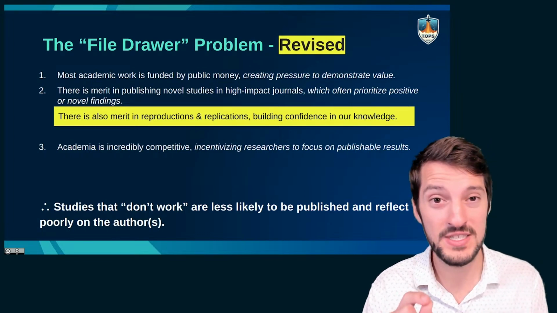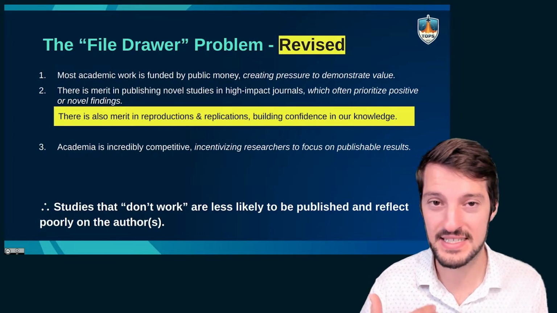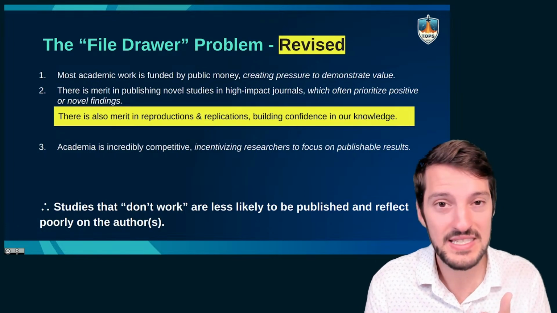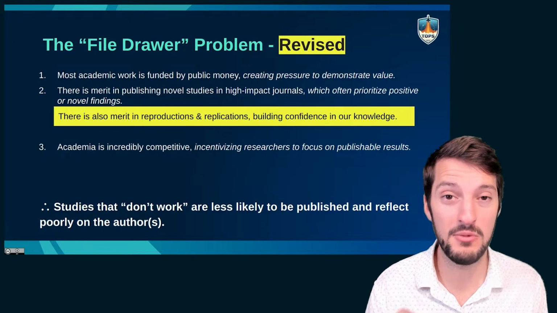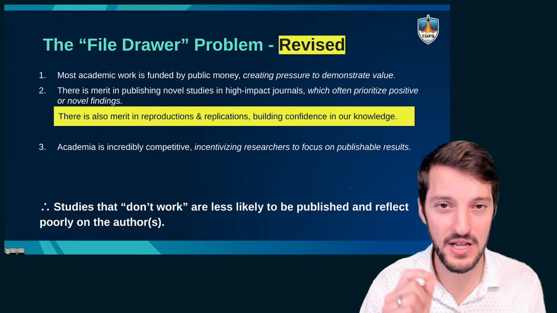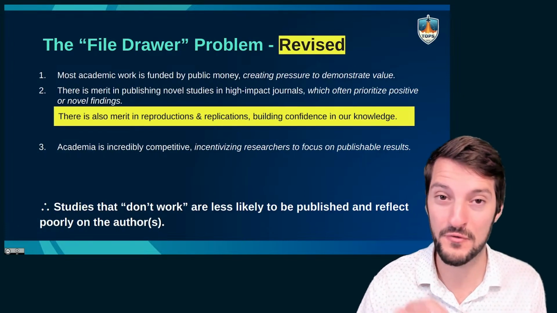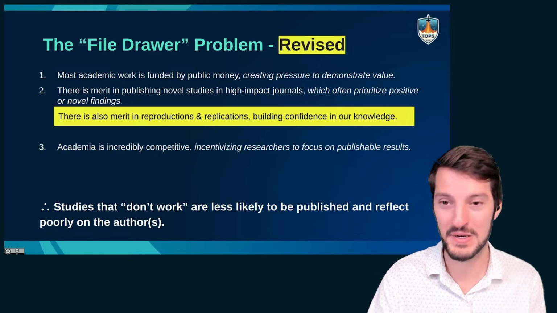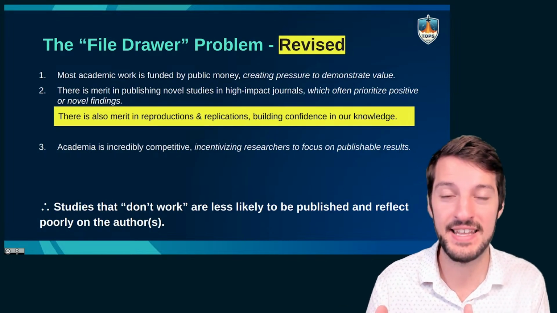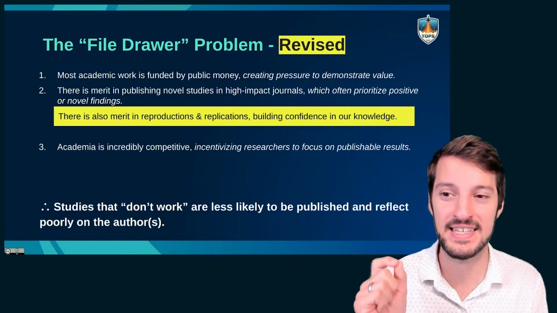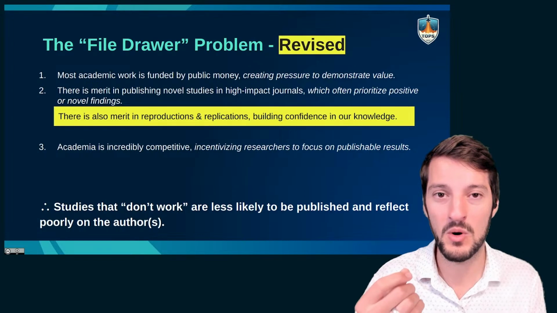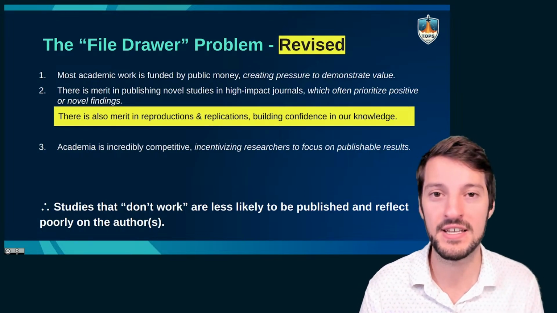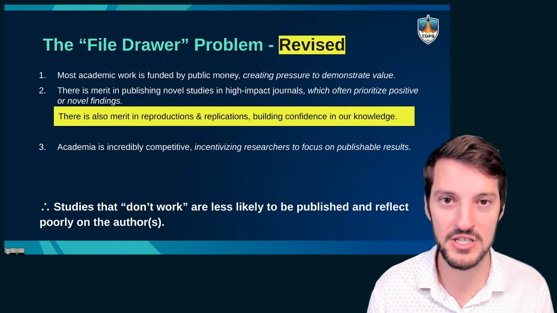In fact, if you don't find something insightful or interesting in a study that you do, you should absolutely find an outlet to publish or share that work, because you never know who's going to come across that work and say, oh, you know what, I had the same question and now I won't conduct my study in the exact same manner. In fact, I might learn something about what does not moderate or regulate some relationship of interest here.